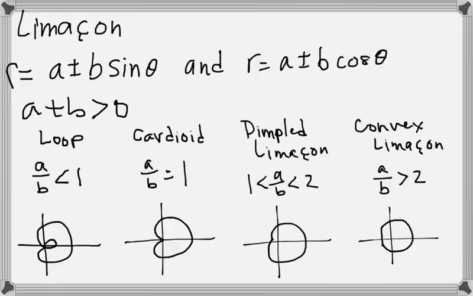Number one, the loop, easiest of all to determine. If I divide A by B, in other words, if B is bigger than A, I've got a loop. If A and B are exactly the same number, we have a cardioid.